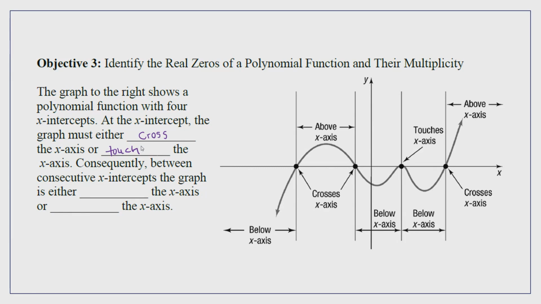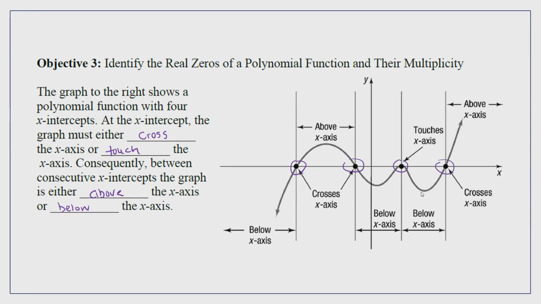Consequently, between consecutive x-intercepts, the graph is either above the x-axis or below the x-axis. So on this graph, we have our x-intercepts that are on the x-axis.